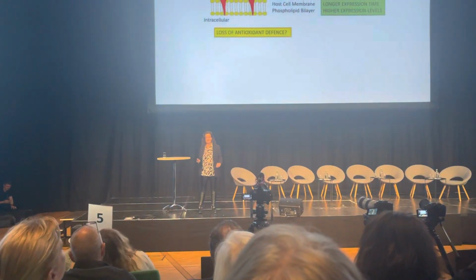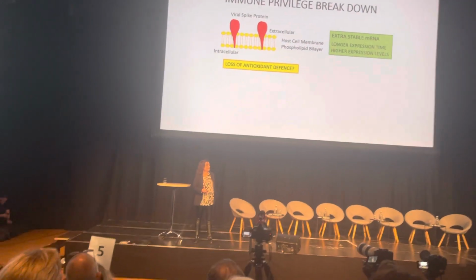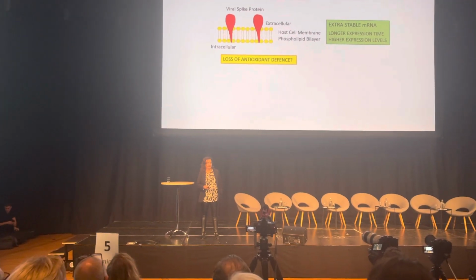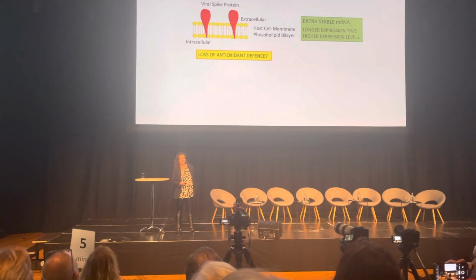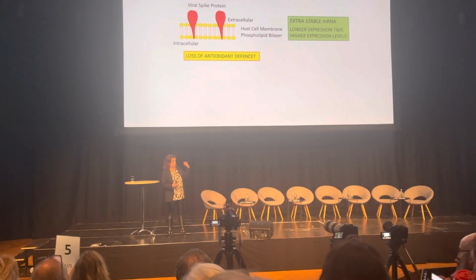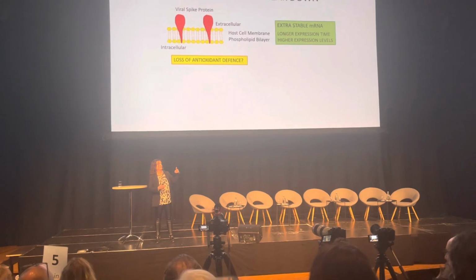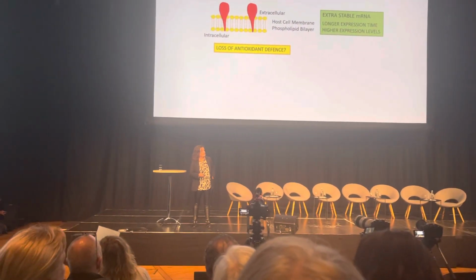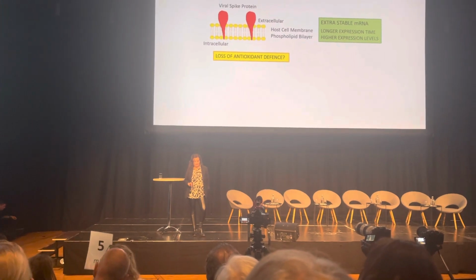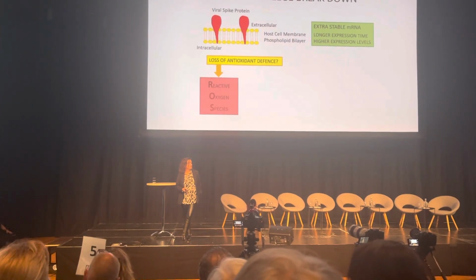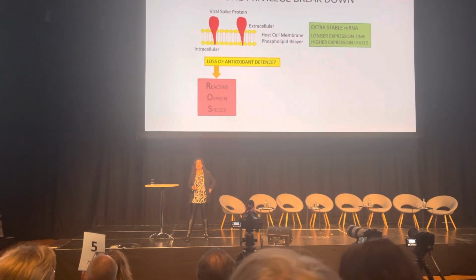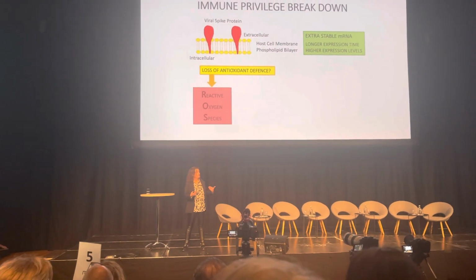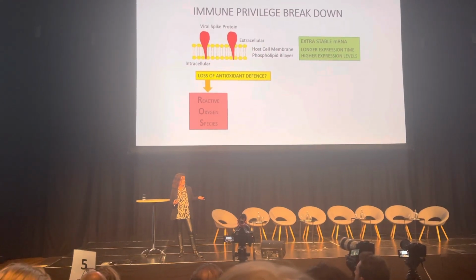Since there are different systems protecting this type of cell, can it be that antioxidant defense is lost, because it's often the innate immune system that protects these cells? If that antioxidant defense is lost, would you induce a very strong oxidative stress?